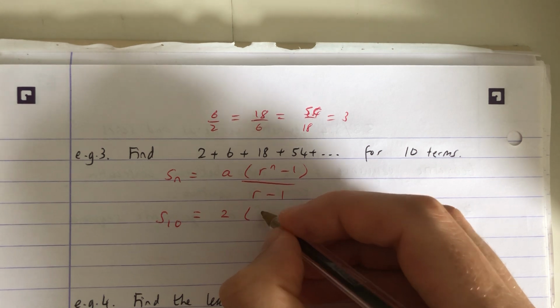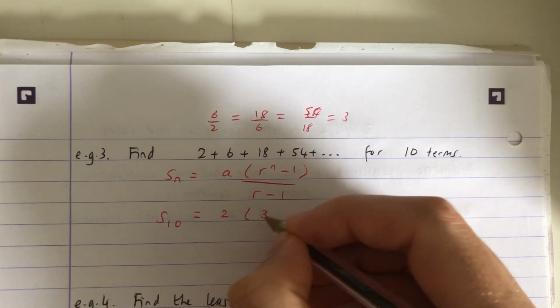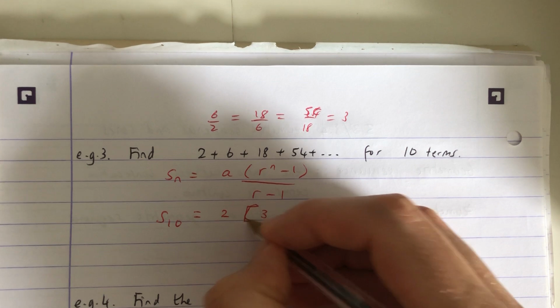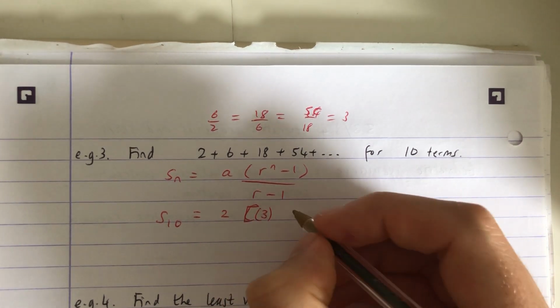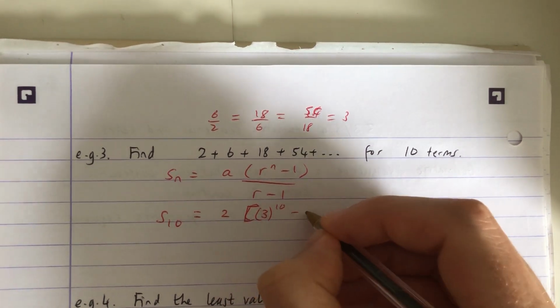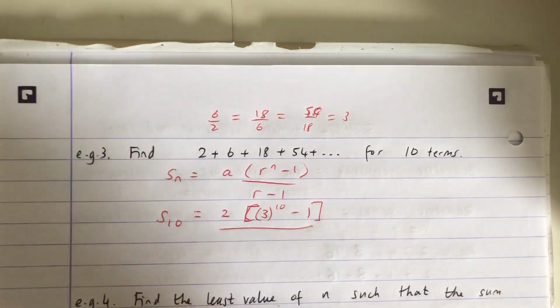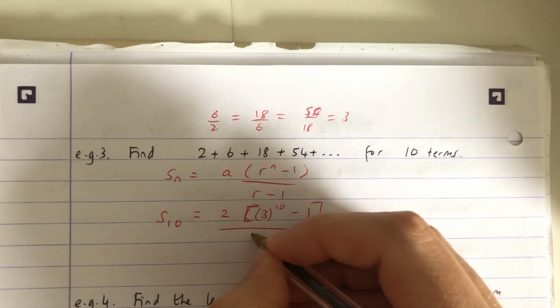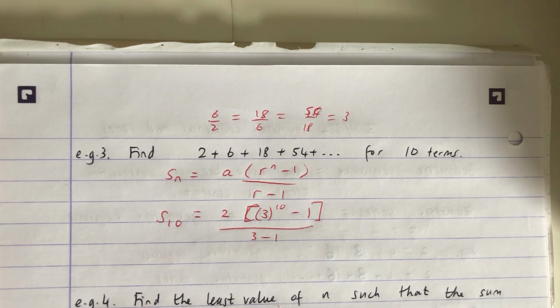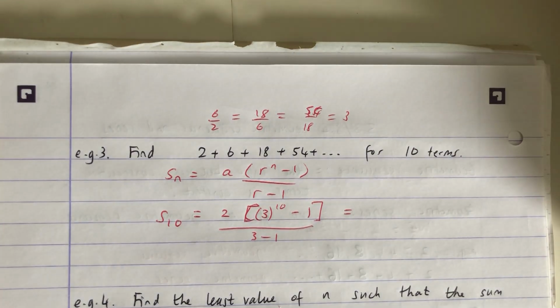Again, you should write brackets around this, but it wouldn't make a difference in this case. It only makes a difference when r is negative. Over r minus 1, which is 3 subtract 1. And if you type that into your calculator, you would get the sum.